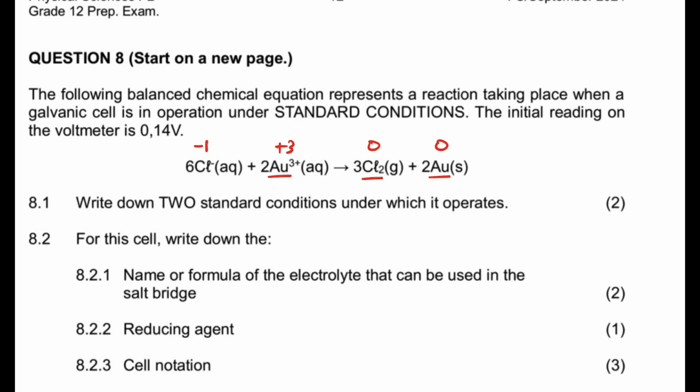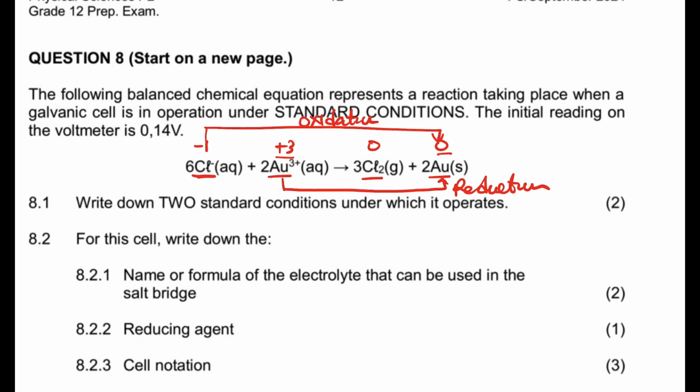Now, from chloride ion to chlorine gas, there's an increase in oxidation number. So this is undergoing what? Oxidation. So chloride ion oxidizes, right? And the gold ion to the gold, there's a decrease in oxidation number from 3 to 0. So this undergoes reduction, right?